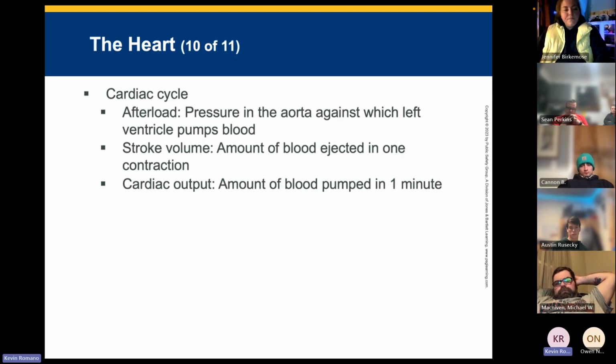Afterload is the pressure in the aorta against which the ventricles must pump. So the greater the afterload, the harder it is for the ventricle to eject blood into the aorta, reducing the stroke volume. Cardiac output is the amount of blood pumped through the circulatory system in 1 minute.